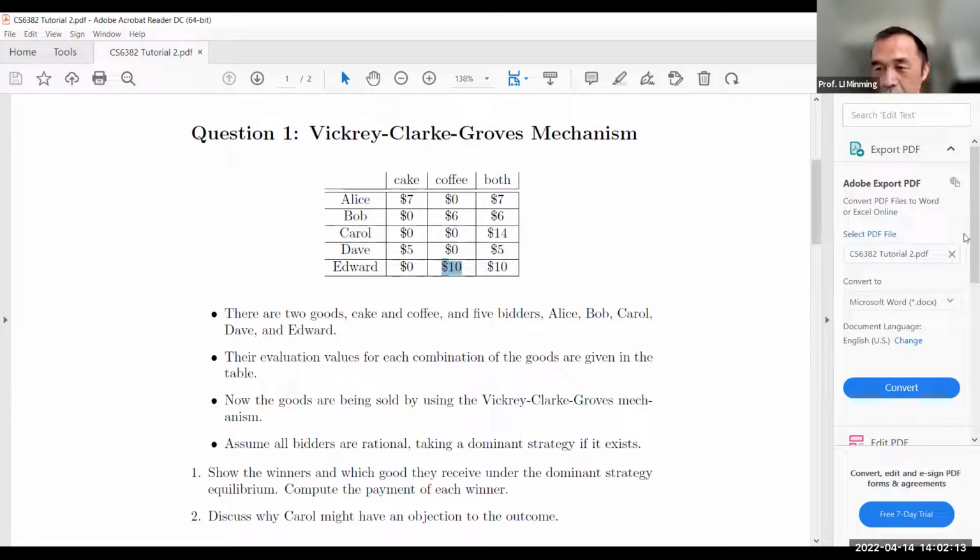So now we are doing this together, because I am also not an expert on this, so I'm doing this together with you. Suppose we exclude Edward from the game, and then what do you see?